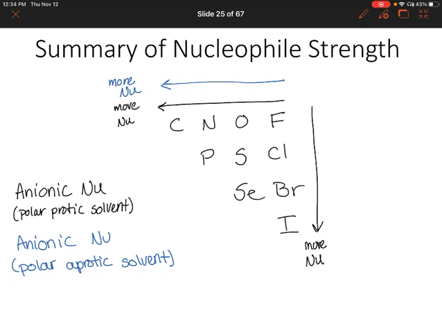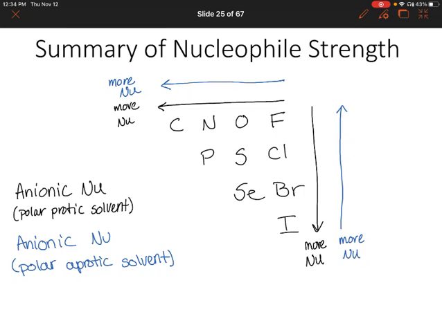Now, if we're going down a column, does nucleophilic strength increase or decrease if we're in a polar aprotic solvent? It decreases. So it actually increases going up a column.